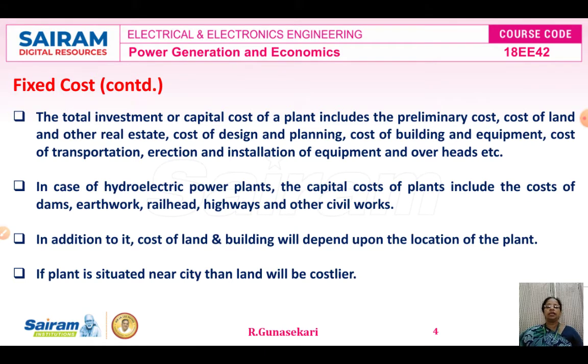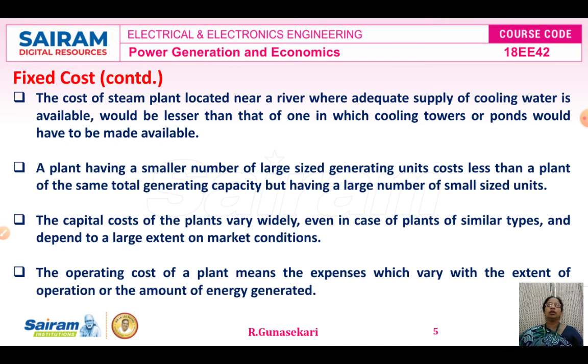These come under annual fixed cost for a hydroelectric power plant. In addition, the cost of the land and building also depends upon the location of the power plant. If the power plant is situated near the city, the land will be costlier. Then next we consider the steam power plant.